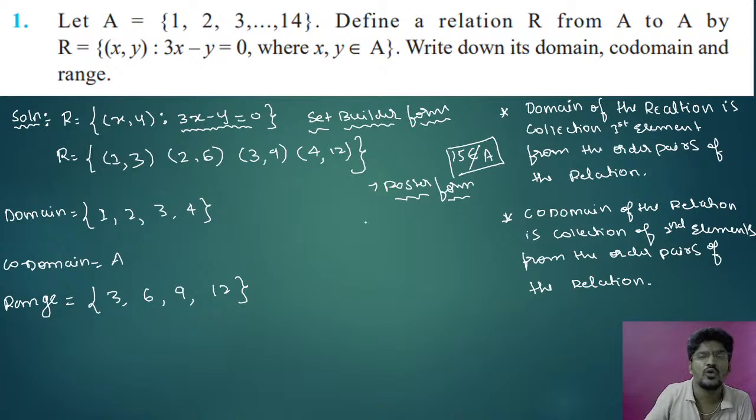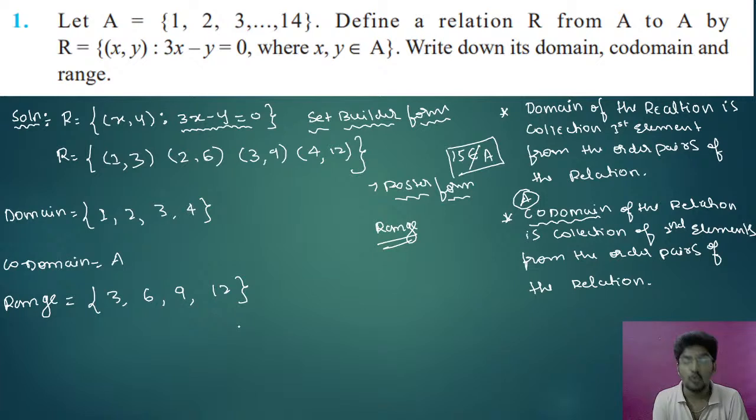So they have given codomain and range. So if range is asked, range will be the second elements. Codomain will become your set A, and the collection of second elements is going to be the range. So please correct it.